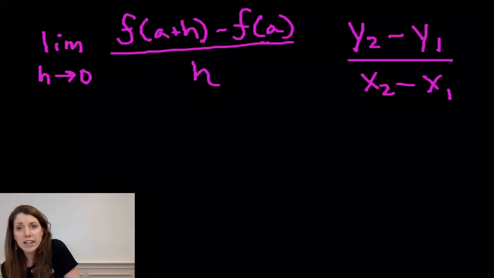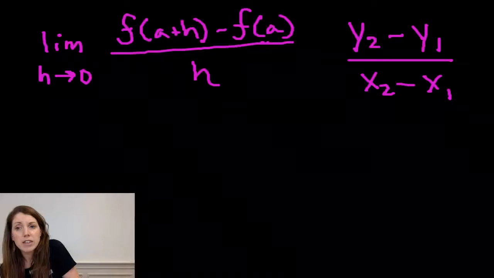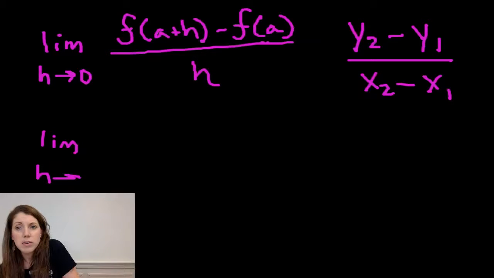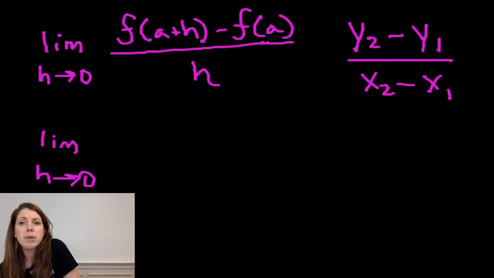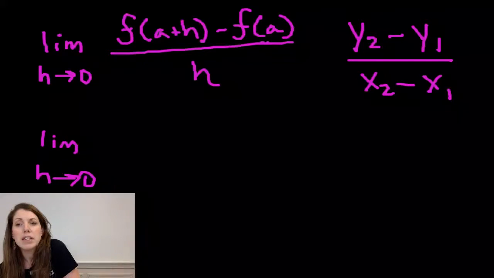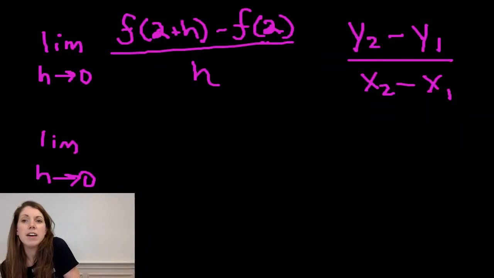We are looking to find, remember f of x here is x squared. We're going to say, let's find the limit then, as h goes to 0, of f of a plus h. That's basically going to be, a is 2, right? Because that's basically x. Why don't we just write in there f of 2 plus h and f of 2.